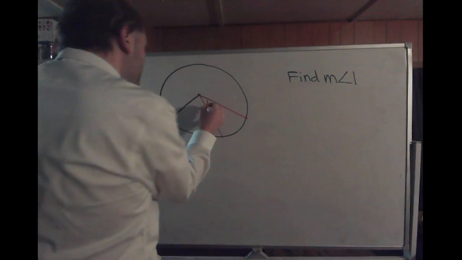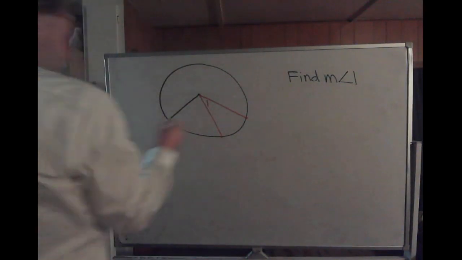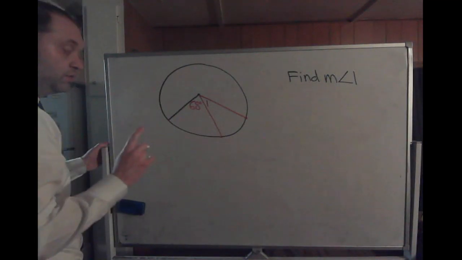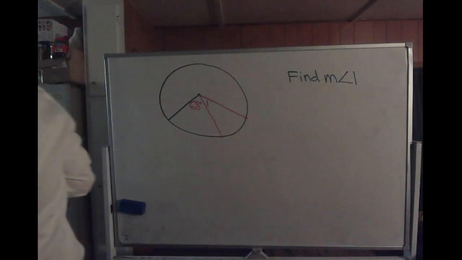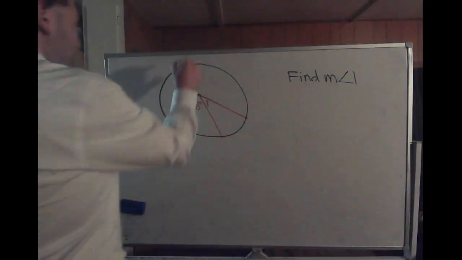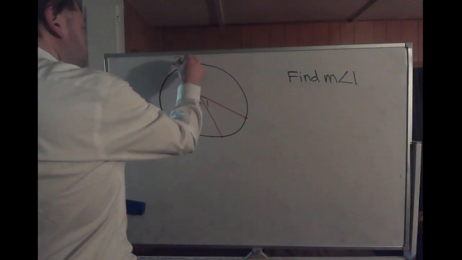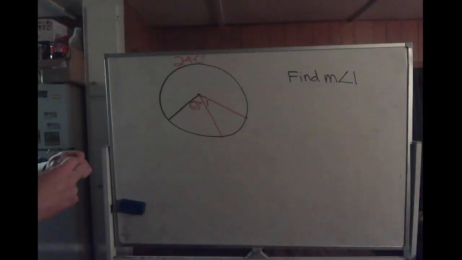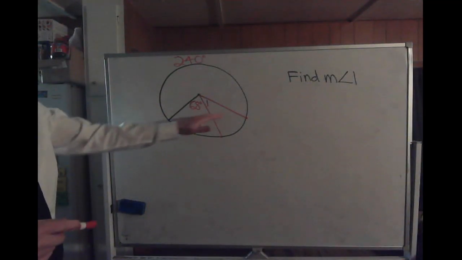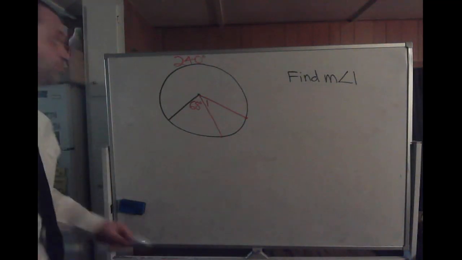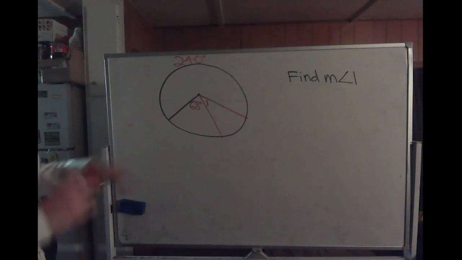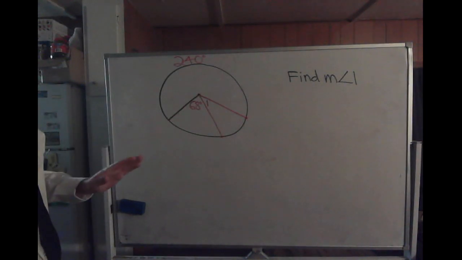See, here's angle 1. This is 68 degrees in here for a central angle. This is 240 degrees for the major arc. We still, of course, want to find the measure of angle 1 ultimately, but we have the measure of the major arc being 240, right?